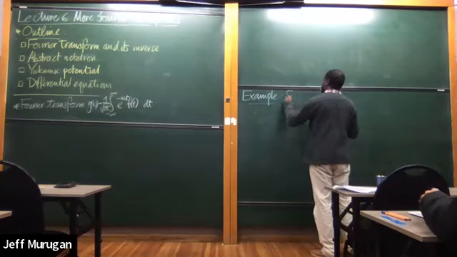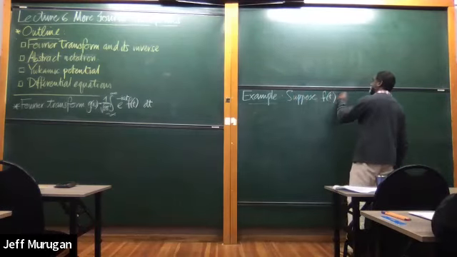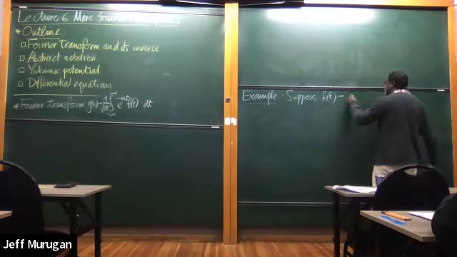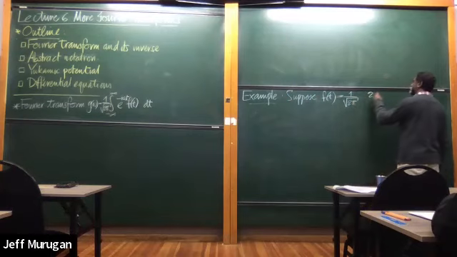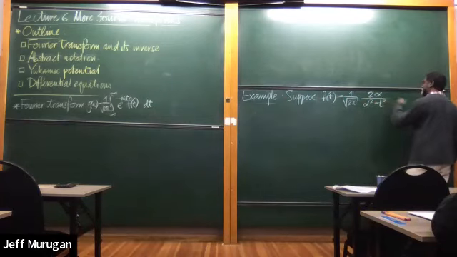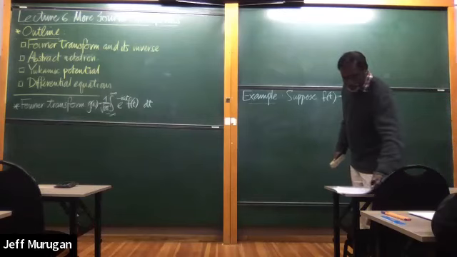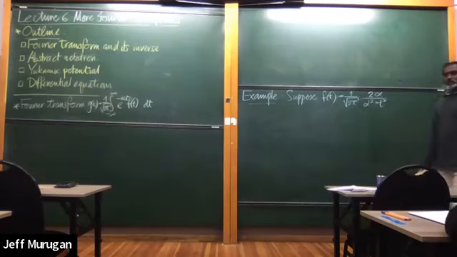Suppose f of t is now 1 over root 2 pi times alpha over alpha squared plus t squared, for alpha a parameter. So again, you should recognize this from the first example. It was the result of the Fourier transform that we carried out.